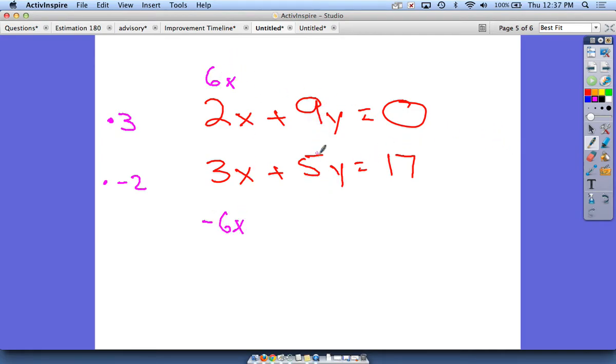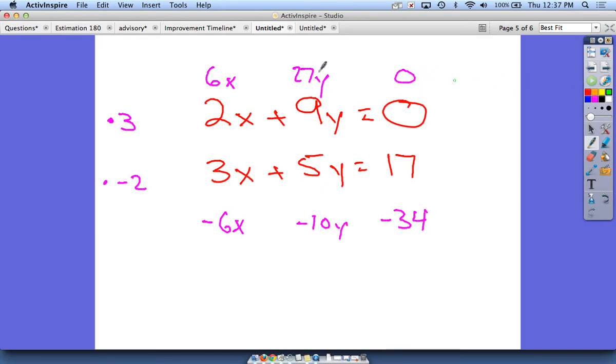But we also take care of the rest, multiply all this by -2, multiply all this by 3. So this is going to be 27y, this is going to be -10y, and then this would be -2 times 17, which is -34, and then 3 times 0 is still 0.